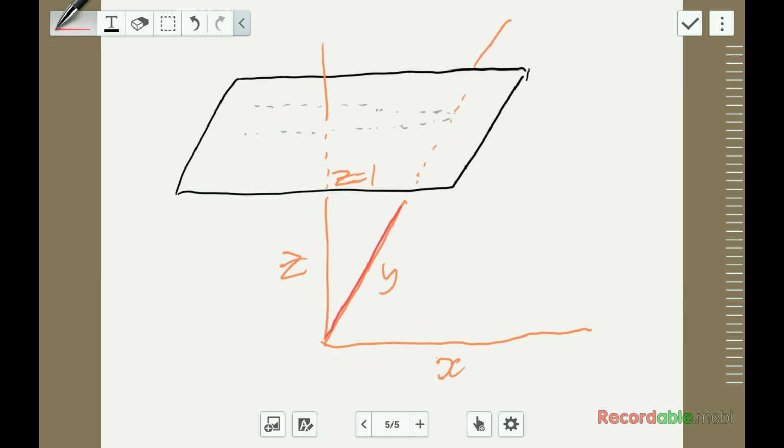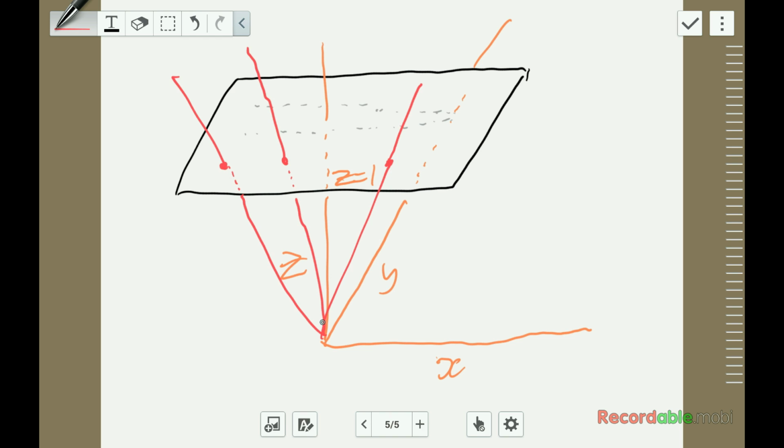I should draw them red this time. So there's going to be a great mass of these different lines, and you can see that each of these lines is essentially going to represent a point on the projective plane.